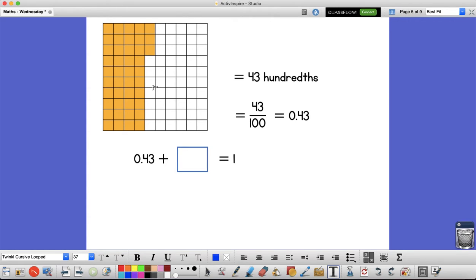Then we've got 7 more, so we've got 57 out of 100, which is 57 hundredths. As a decimal, that equals 0.57. So to make 1, we need to put in here 0.57.